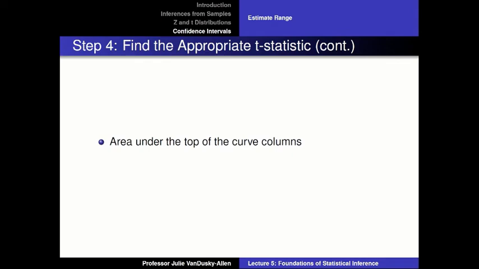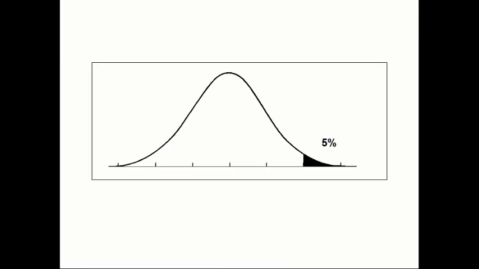After you choose the right row, you must find the right column. The column headings tell you the percentage of cases under the top portion of the t-distribution curve. So for the 0.05 column, it is 0.05 or 5% in the upper part of the curve.